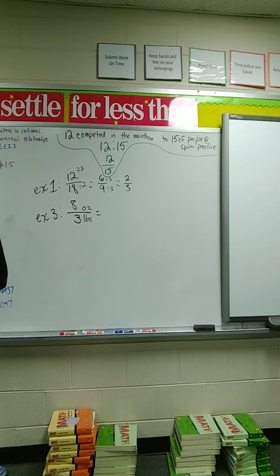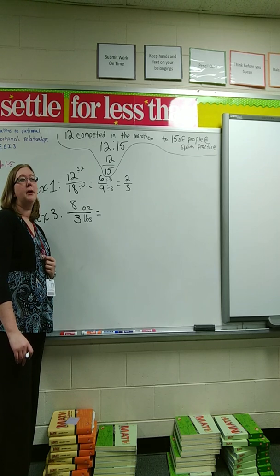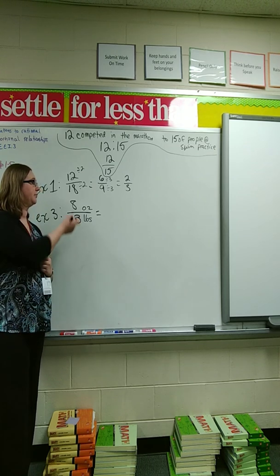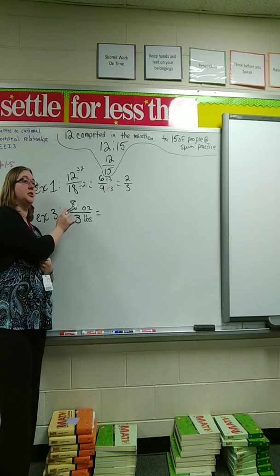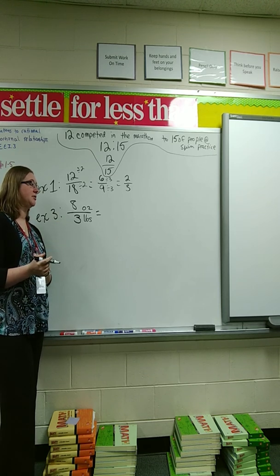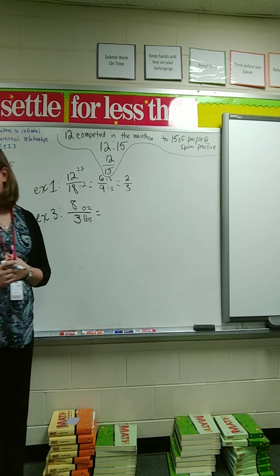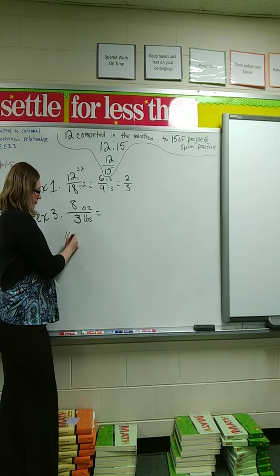Now, we need to put our ounces and our pounds in the same units. So how many ounces are in a pound? 16. Very good. And what is 16 times 3? 48.